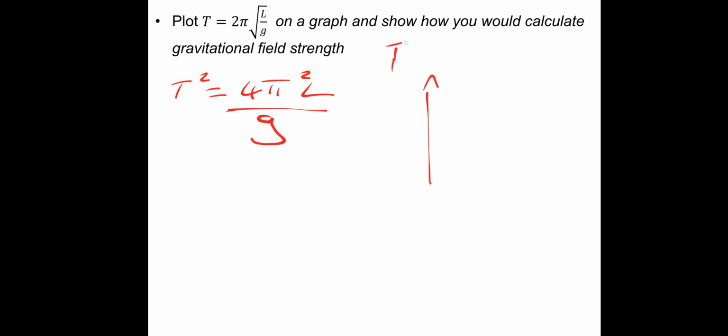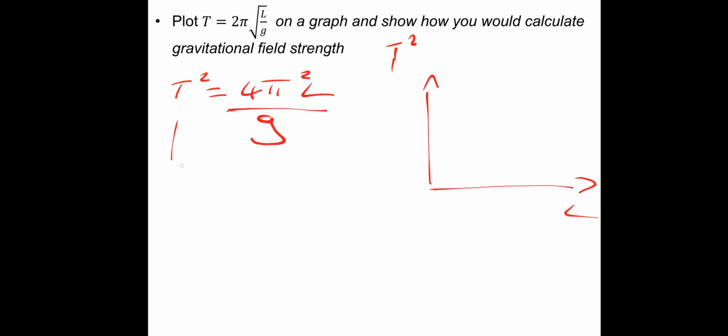So what I would do is get the original equation and square it. So I get T squared equals 4 pi squared L over g. And then it's pretty straightforward actually. I would plot T squared against length.